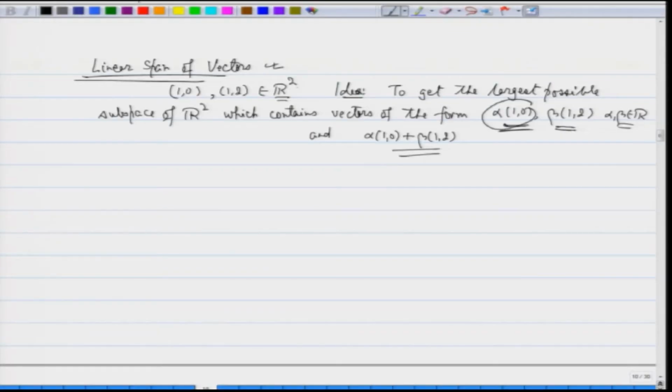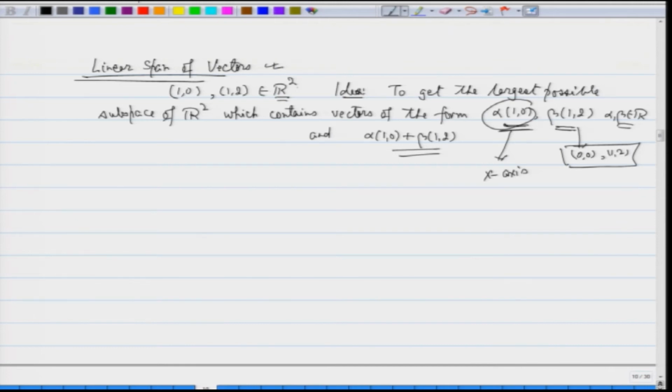For example, this collection is going to give me the whole x axis. This is going to give me all the points on the line which passes through (0, 0) and (1, 2). What I want is that I should be able to add those vectors also.